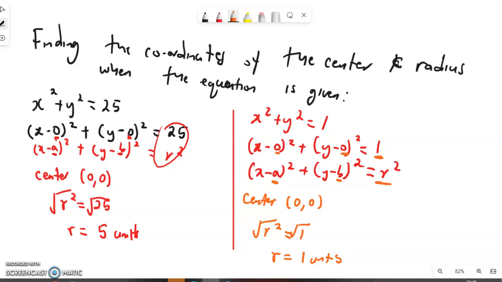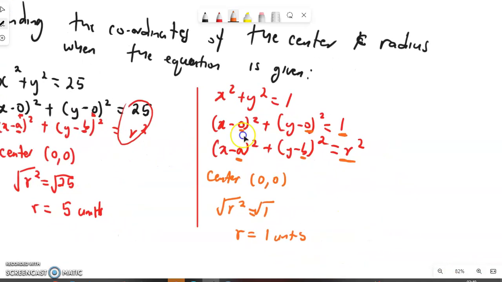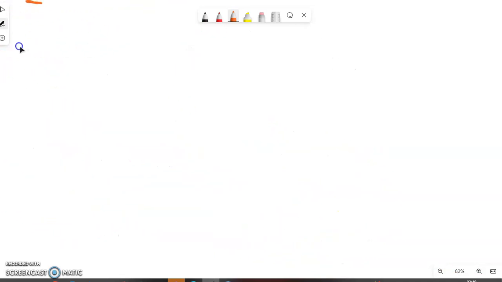Okay, let us continue and check how we find the coordinates of the center as well as the radius if you are given an equation of a circle which is not centered at the origin.